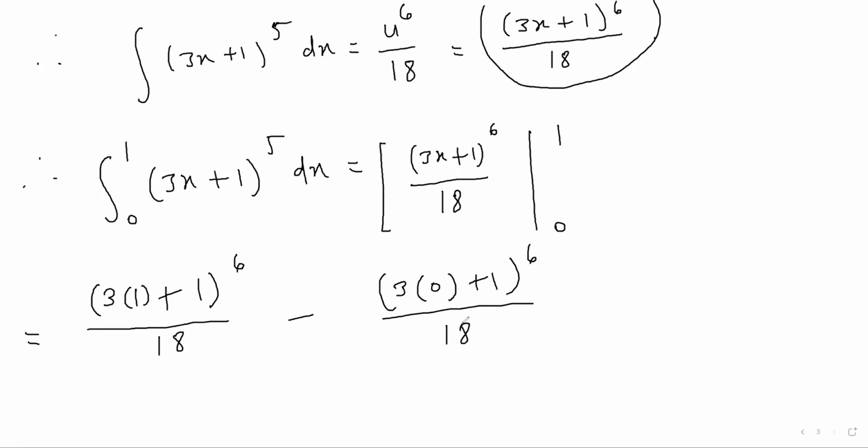So we've got (3 times 1 plus 1) to the power 6 divided by 18, minus (3 times 0 plus 1) to the power 6 divided by 18. That's how you evaluate a definite integral.